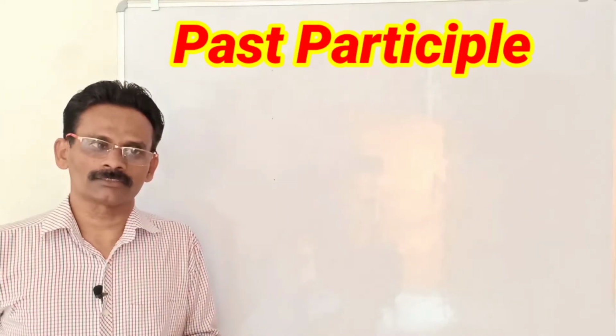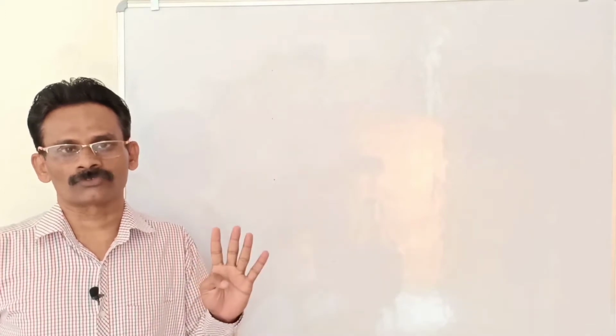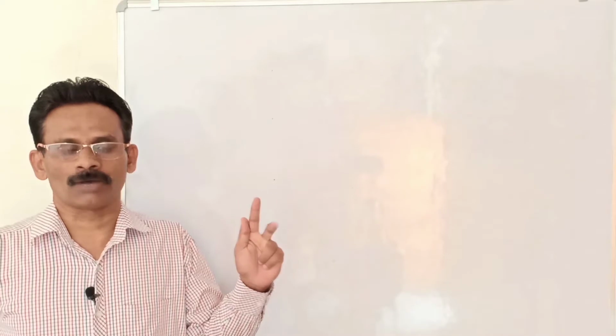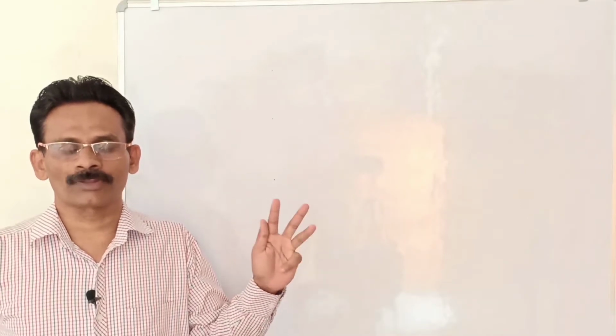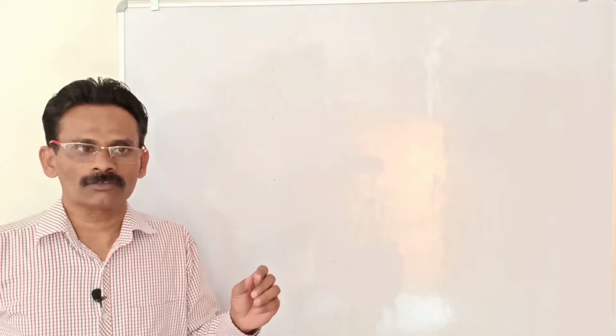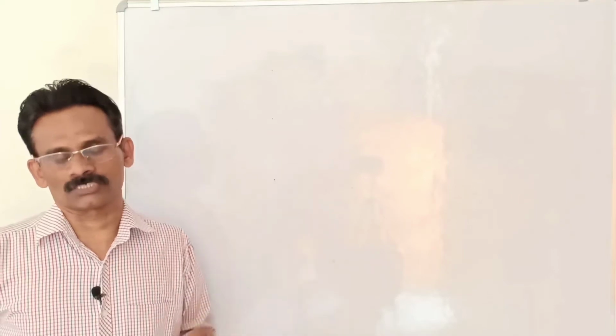We already learned a verb has four forms: present, past, past participle and present participle. Here we learn about non-finite verb past participle.